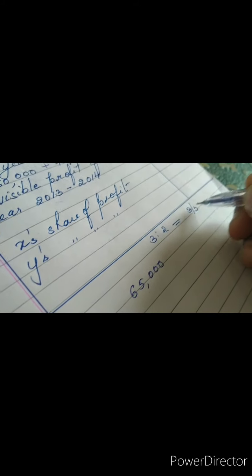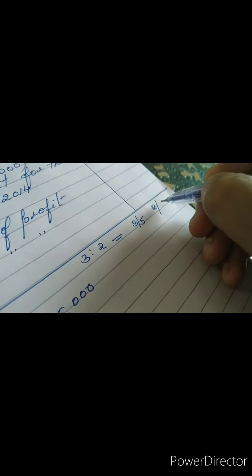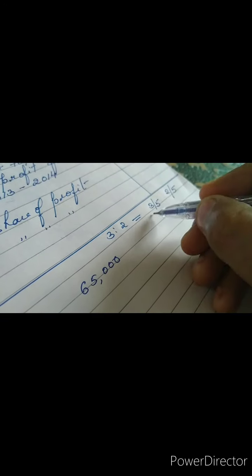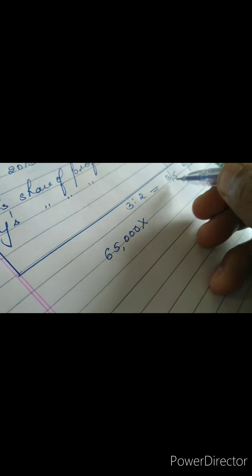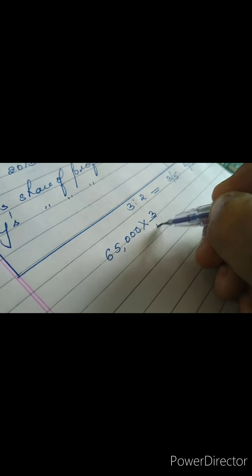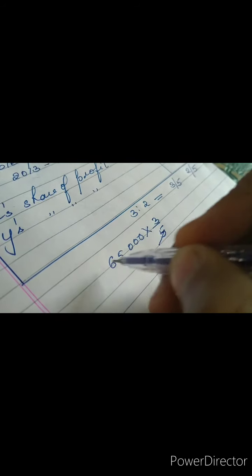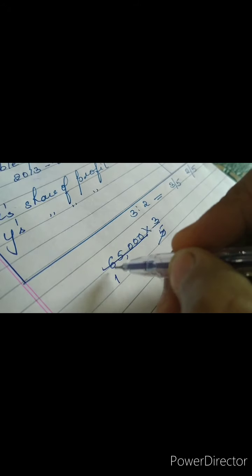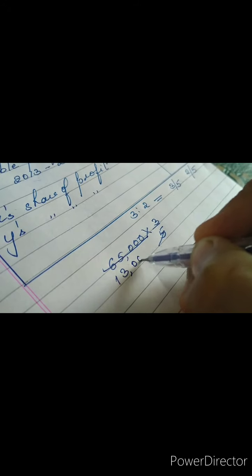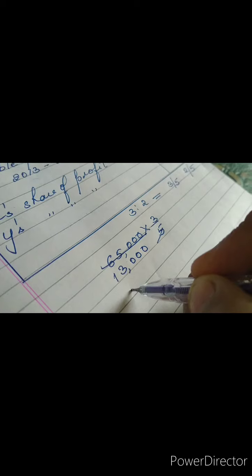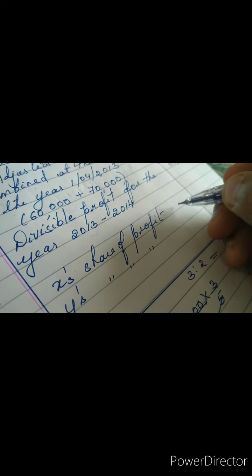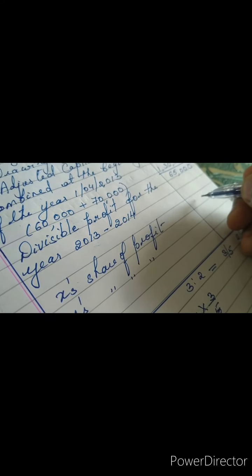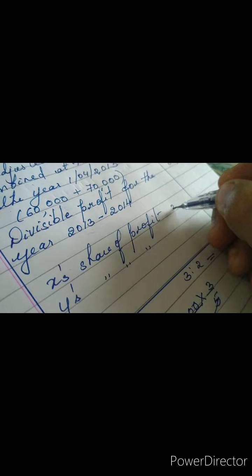X's is 3/5 and Y's is 2/5. So 3 plus 2 is 5, dear students. Now 3 by 5. 5 ones are 5, 5 threes are 15. When we multiply 13,000 by 3, we get 39,000. So the share of X is 39,000. We'll write it here itself.